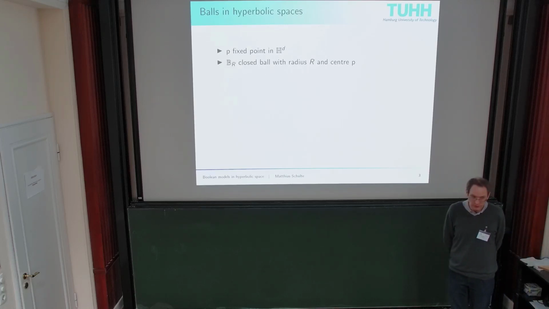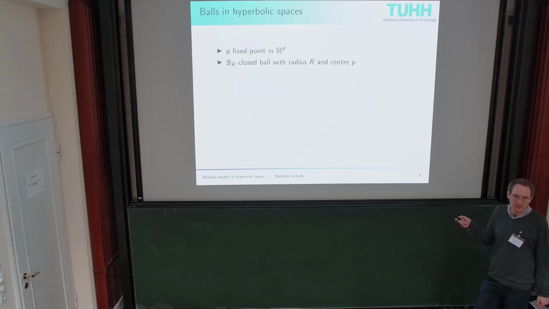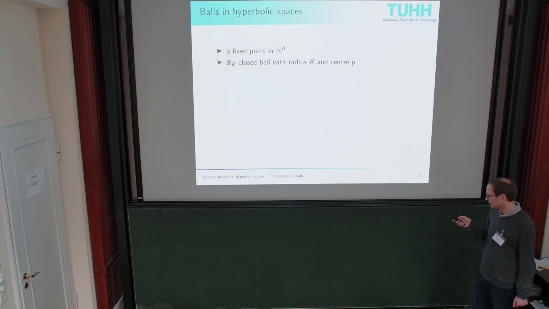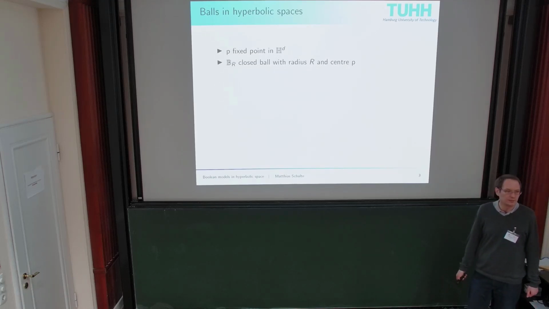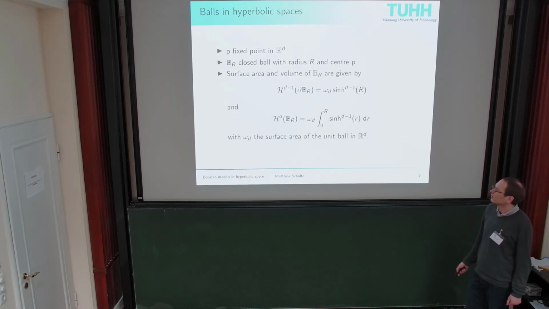Then, throughout this talk, we study voids in hyperbolic space. And so we choose p as a fixed point. You can think of it as a counterpart to the origin in Euclidean space. And then B_R is a closed ball with radius R and center p. For what we will observe in this talk, the following formulas are very essential.